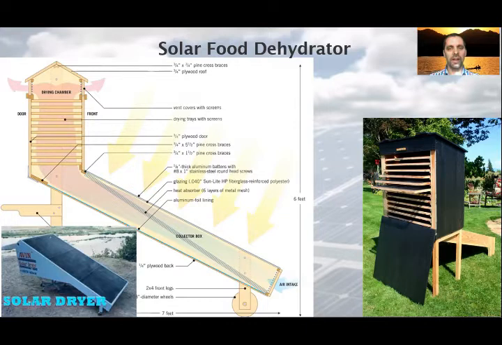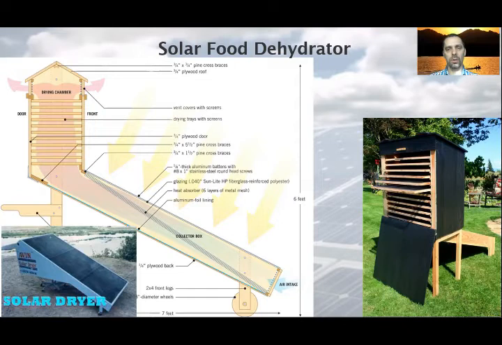The solar dryer takes advantage of the natural process of rising hot air to operate efficiently without any electric fans. As you can see in the detailed drawing, the design includes a long, angled wooden box covered with clear plastic glazing and an open bottom for air intake.